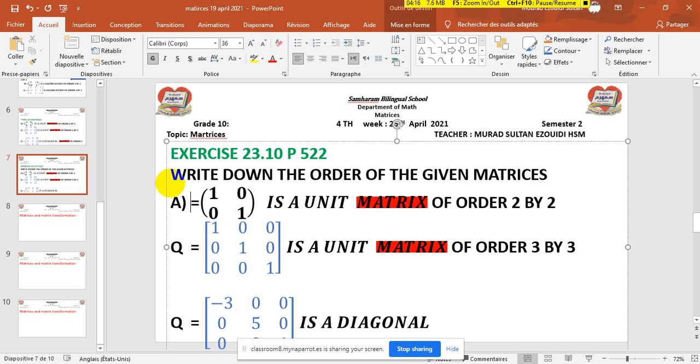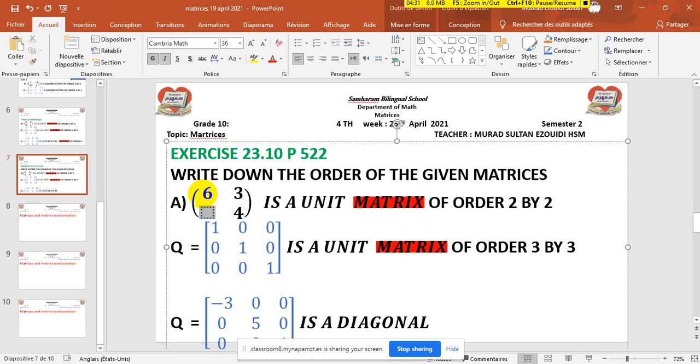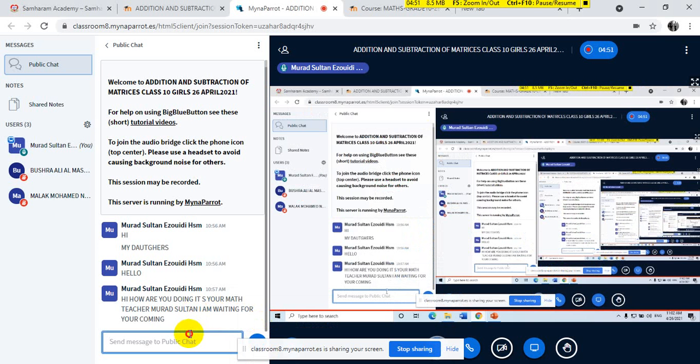Small a is equal to 6, then we have 3, then we have 4, then we have 1. So this matrix, my daughter, has an order of what? The order of this matrix is what? Is it 2 by 2 or 3 by 2 or 4 by 2? You can write your answer here if you'd like on the public chat.